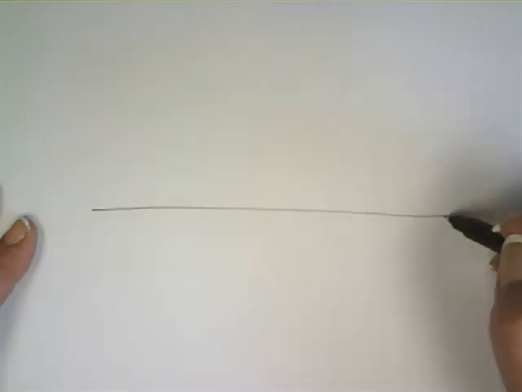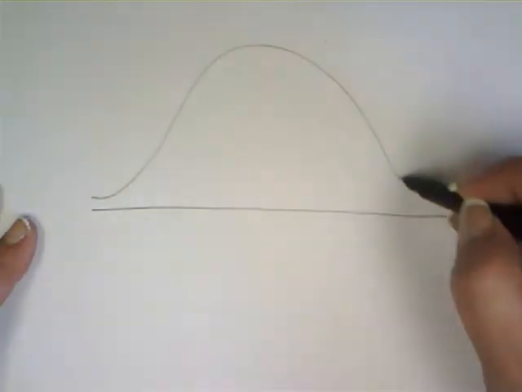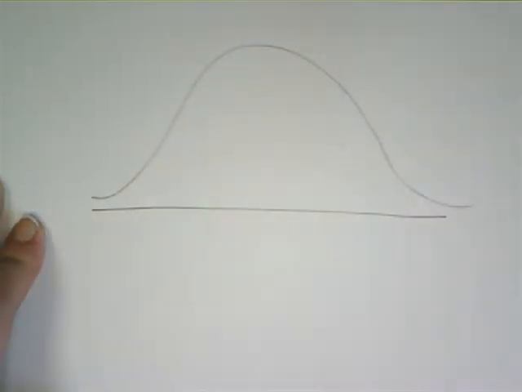So first of all, let's look at variation and standard deviation as a concept. Even if we calculate the numbers, it's not really going to do us a lot of good if we don't know what the numbers mean. So let's look at this diagram. This is a standard normal distribution curve.